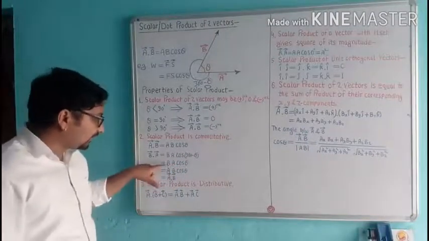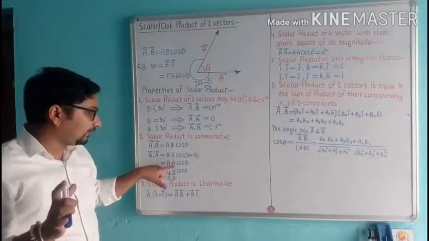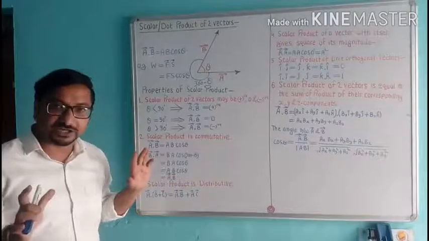Since B and A are magnitudes only, we can interchange B and A as AB cos theta.